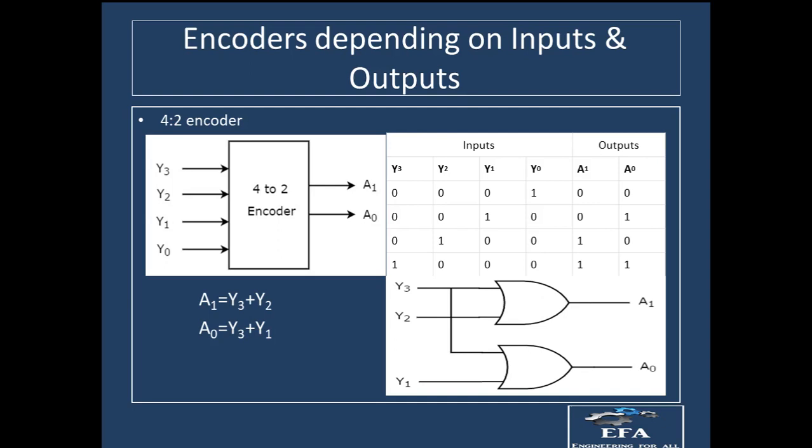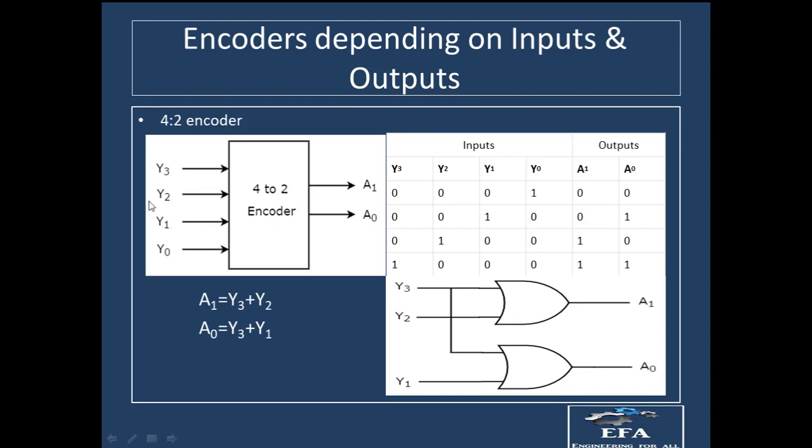Let us say that we are having a 4 is to 2 encoder, and this encoder is having 4 input lines, and accordingly it will be having 2 output lines. Now let us say that one of the input lines, say y1, is having the information.